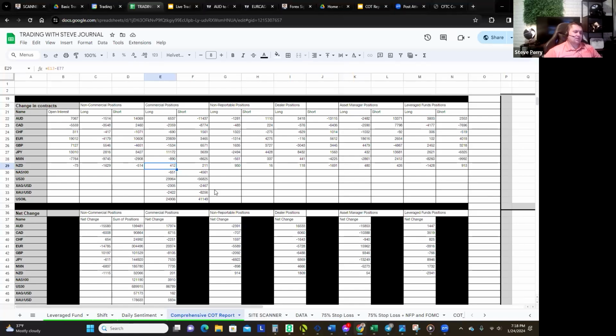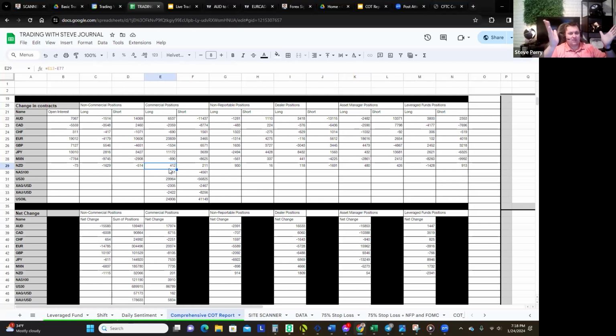Not a lot of contracts that changed, but we also have to make sure that it's proportional to the sum of all positions, right? So just because it only had 412 contracts that changed on the Kiwi, what if there's not that many contracts outstanding in the first place, right?